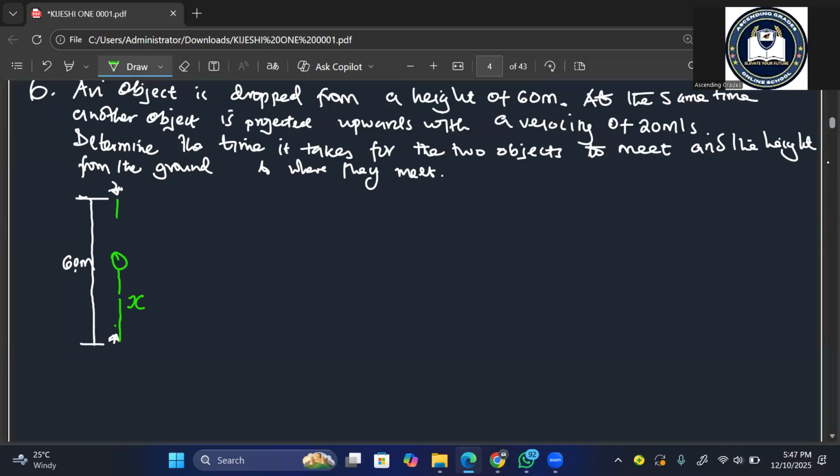So meaning that for the one that is coming down, the remaining distance will be 60 minus x meters. So this is our object, the one that is falling.